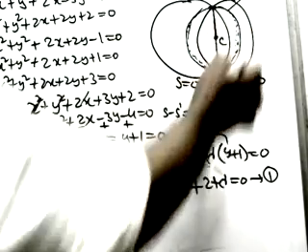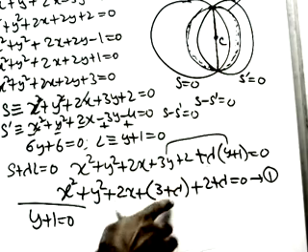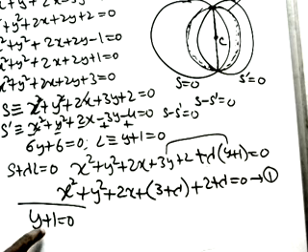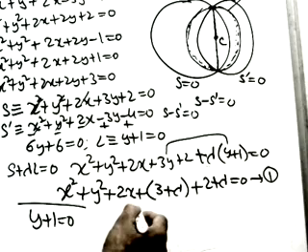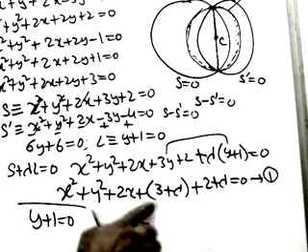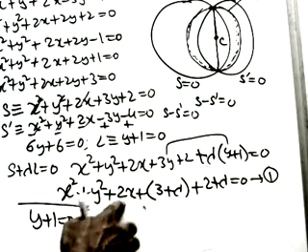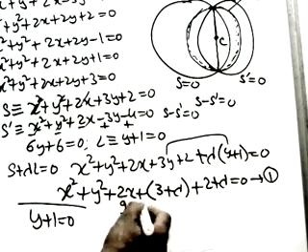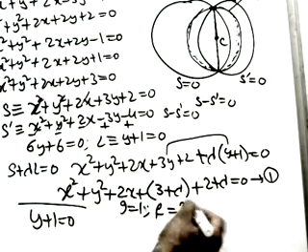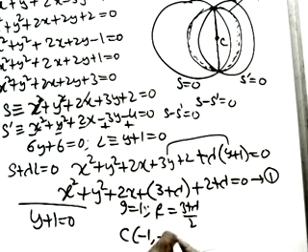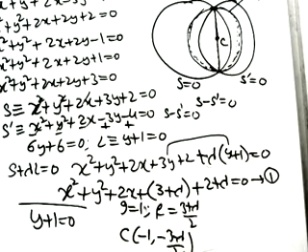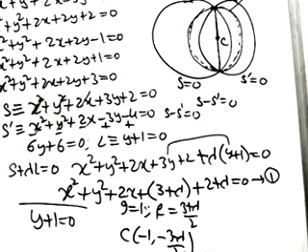Because this common chord is the diameter, the center of this circle must lie on the common chord. So what will be the center here? The center will be minus g comma minus f. The value of g is half of this, 1. G is 1 here. F is 3 plus lambda by 2. So the center will be minus 1 comma minus (3 plus lambda) by 2.